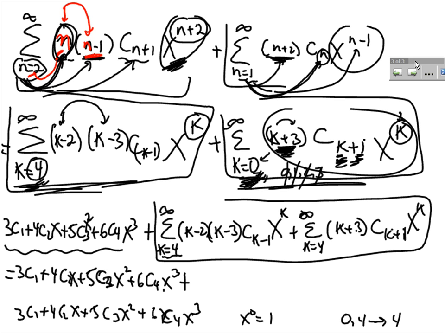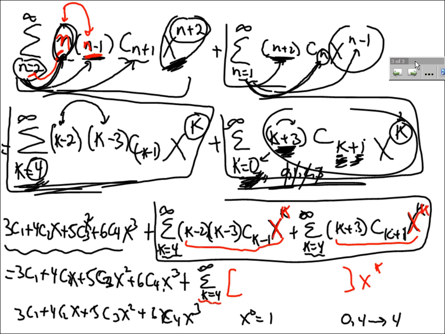But the summation starts at the same place. The summation as k goes from 4 and it ends in the same place. So it's basically that summation that I just wrote down of this plus that. But the this and the that have an x to the k factor in common. So I'm going to factor out the x to the k.